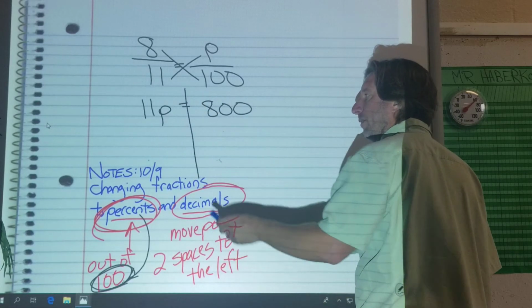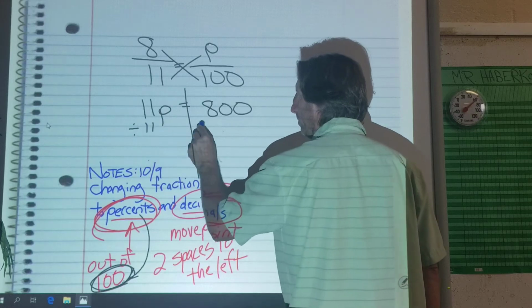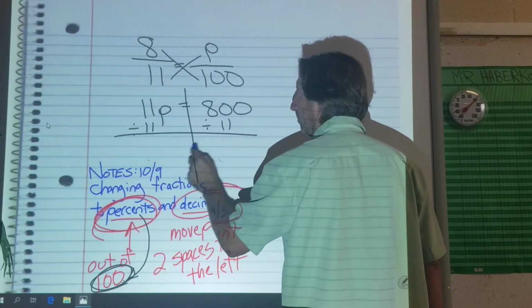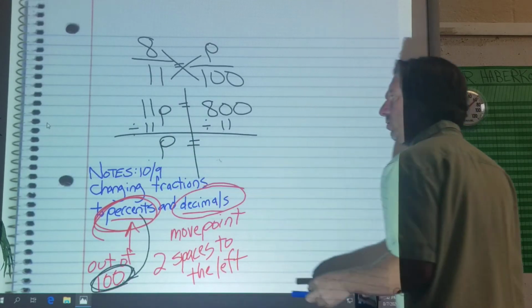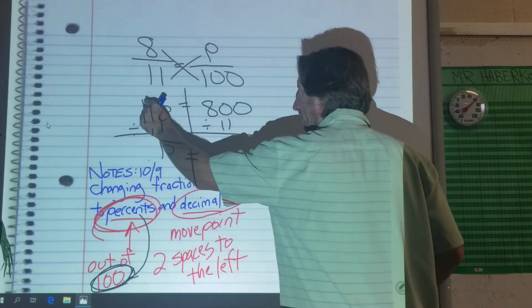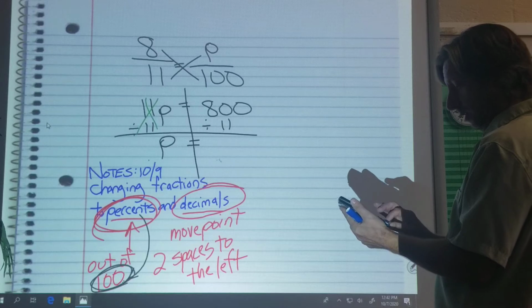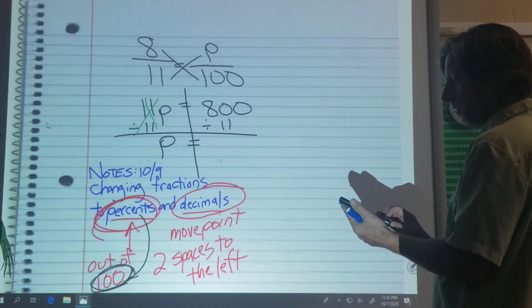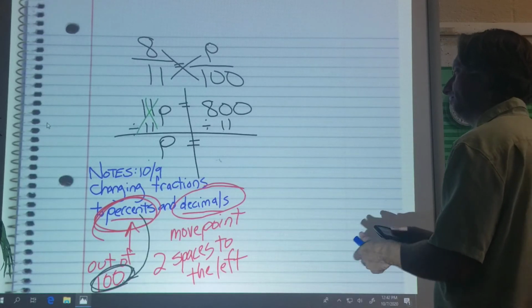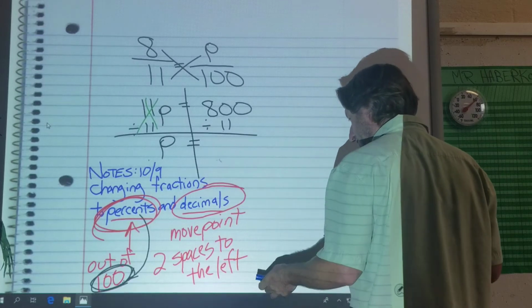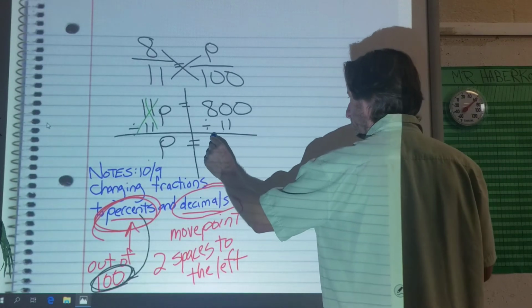Our one-step equation, divide by 11. And I get P equals 800 divided by 11. This one's a little trickier. It says 72.72.72.